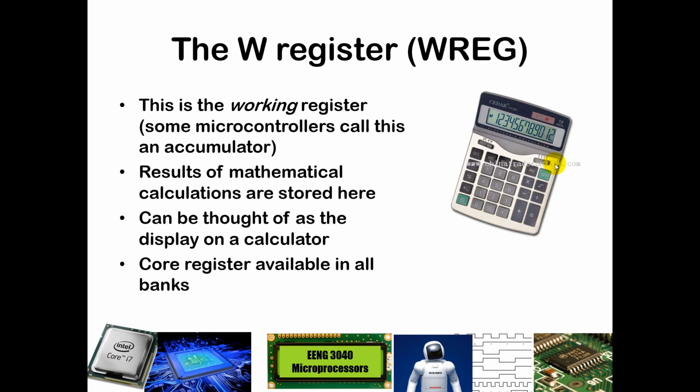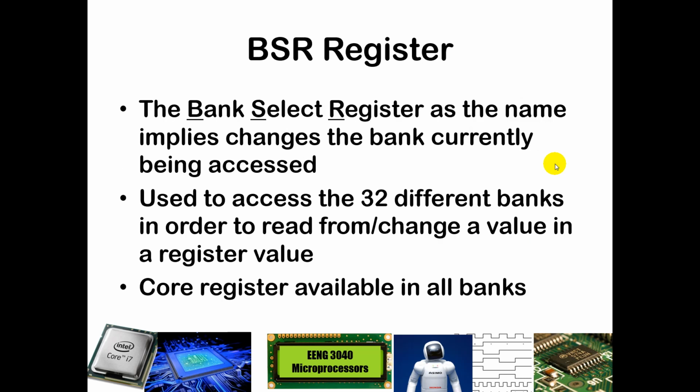So that is one major purpose of the W register, to track the results of some mathematical operations. You can also have it track logical operations and do some other things like loading a value which will then be used to store into a particular register. This is a core register and will be available in all of the banks on the microcontroller.